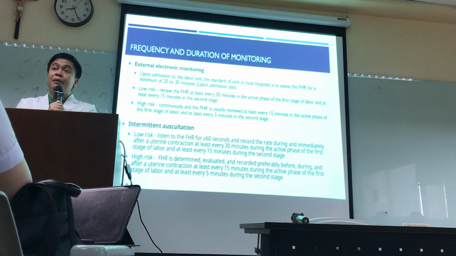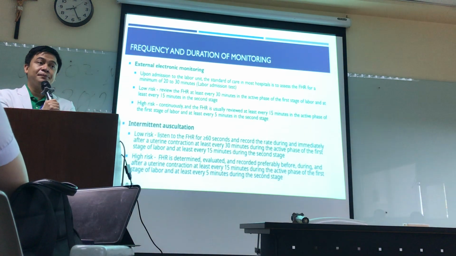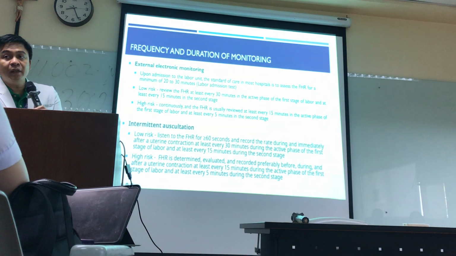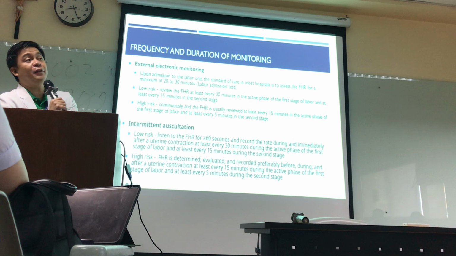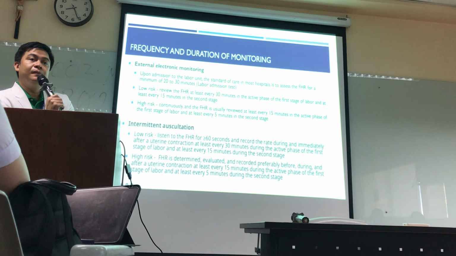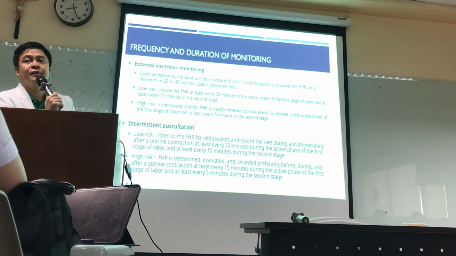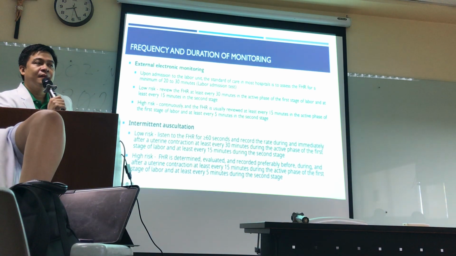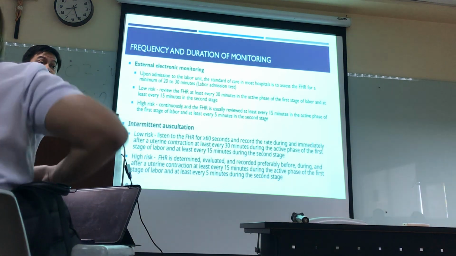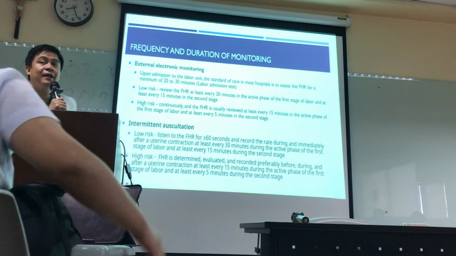What is the second stage of labor? From labor to delivery. Sige, what is the first stage? It is from 6 cm, meaning the active phase of labor, 6 cm, which is 6 cm now, before it was 4 cm, right?